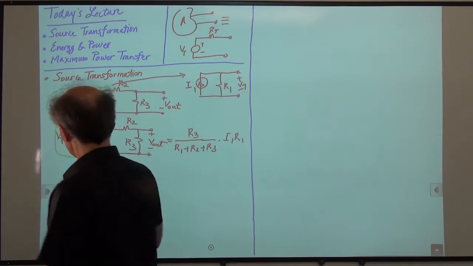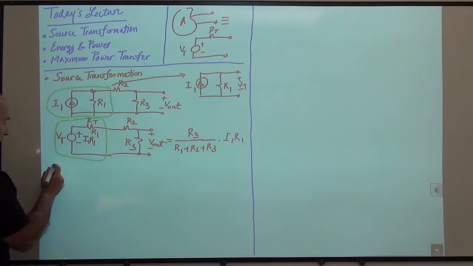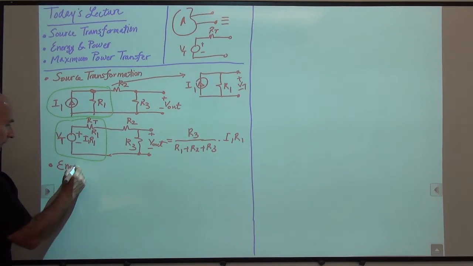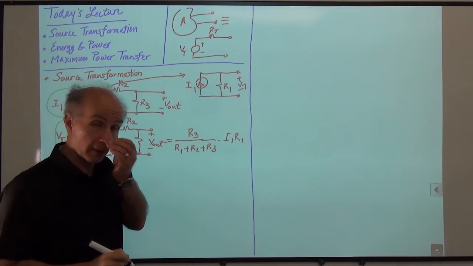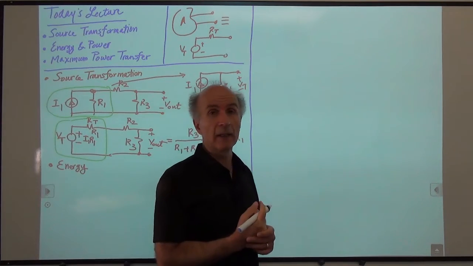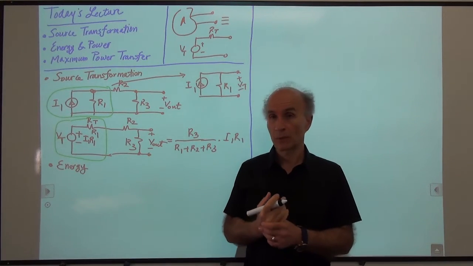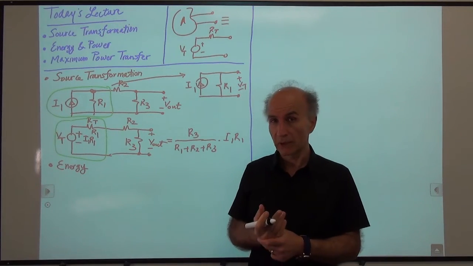Okay, let's talk about energy and power. So we're going to talk about energy first. All right, so you might remember how energy came into play at the beginning of this course when we were talking about the concept of voltage.